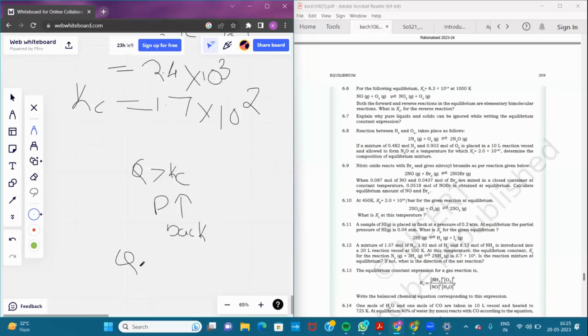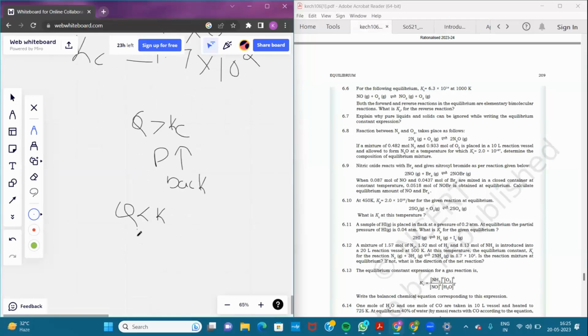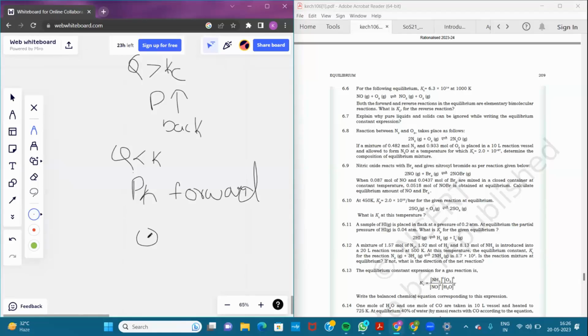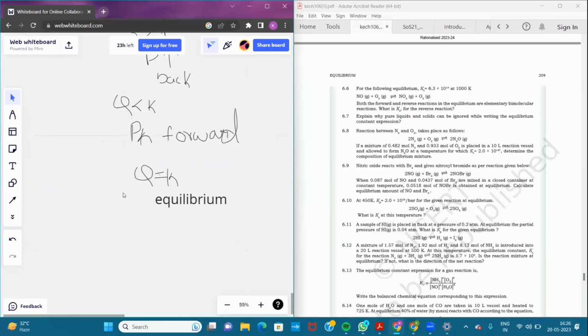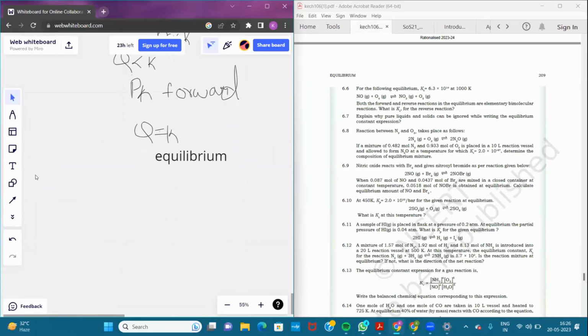If Q is less than Kc, products were low and reactants were high, so the reaction would proceed forward. Another condition: when the reaction quotient equals K, the given concentrations are equilibrium concentrations, so the reaction is at equilibrium.